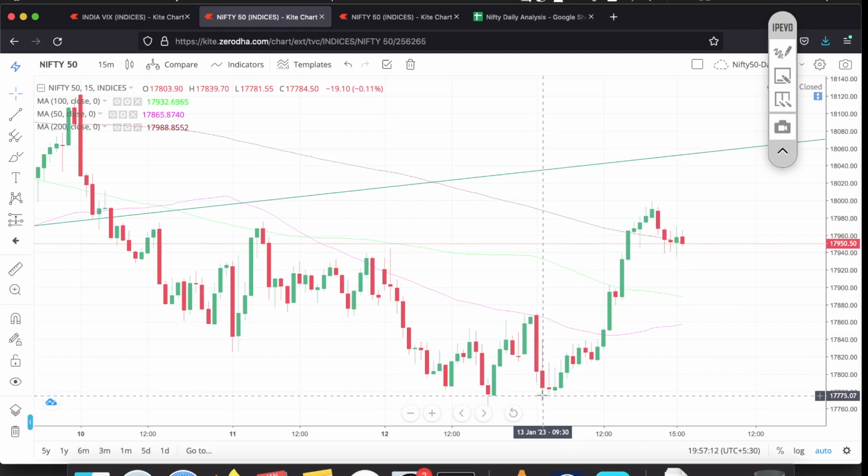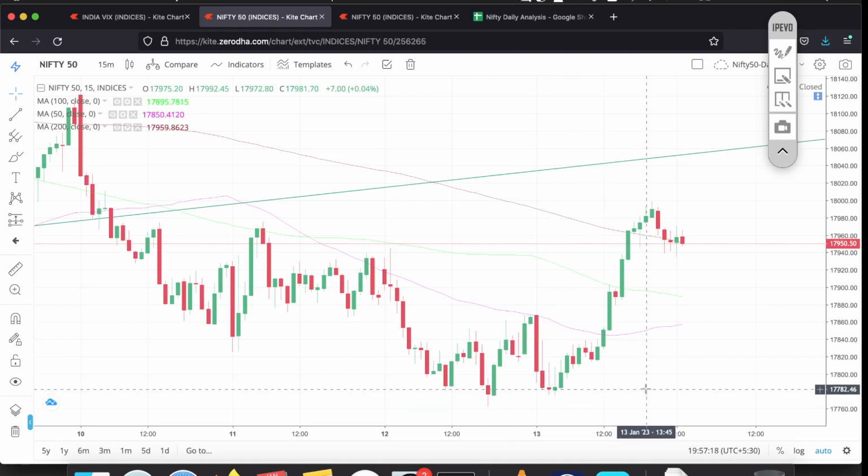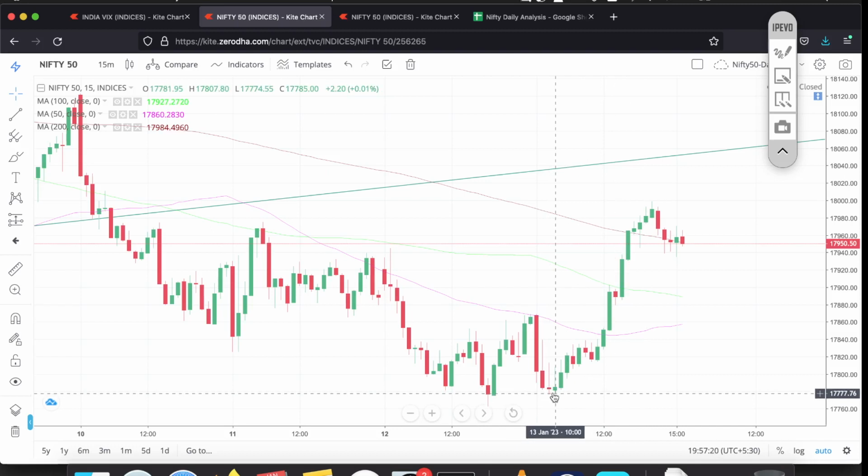It dropped up to 17,775. It didn't stay there for long. As you can see, after the first hour itself, the price started climbing. After the first hour, price went above 17,800, and then it never came back.